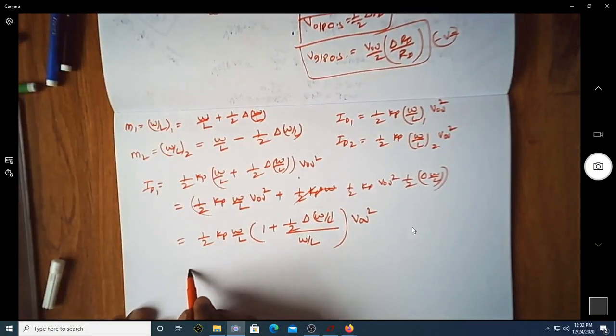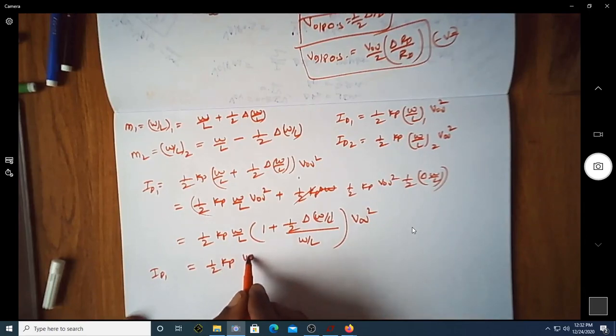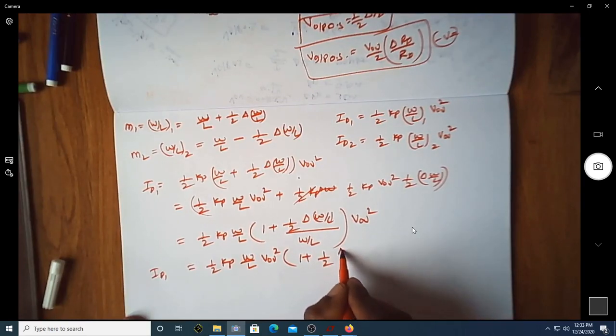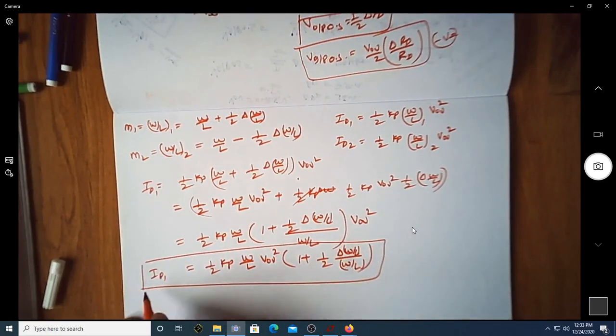Now I'm trying to find ID1: it is half Kp W by L VOV square into 1 plus half of delta W by L divided by W by L. So this is the expression of ID1.